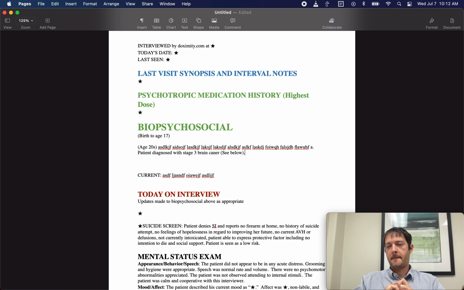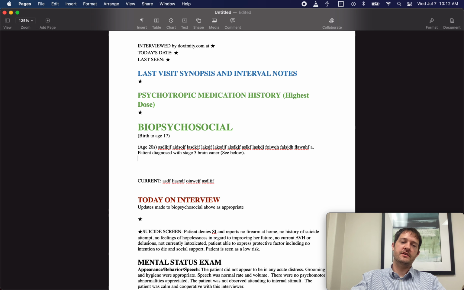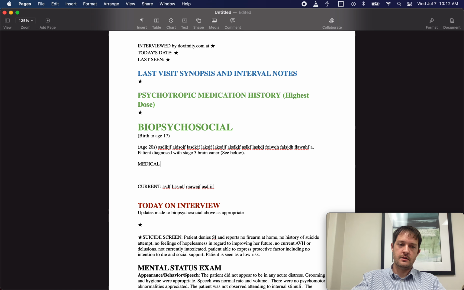You don't want to mix it in where it's hard to find and read. Maybe I want to put medical history because they have a big important medical history. So you put diagnosed with cancer in 2017 at age 30, started chemo, and things that are important, right?